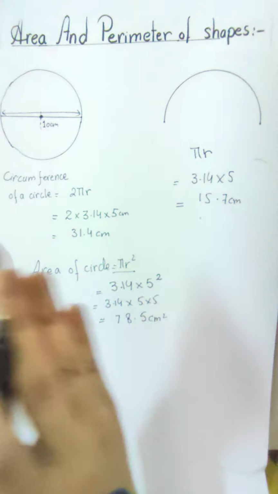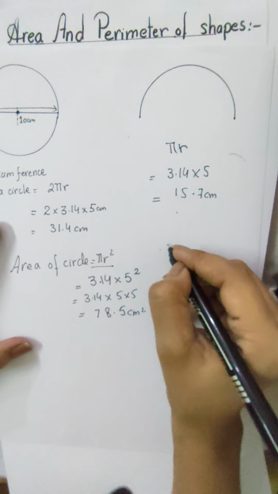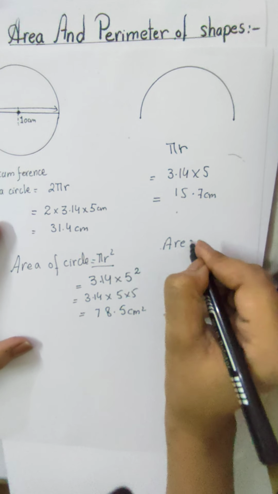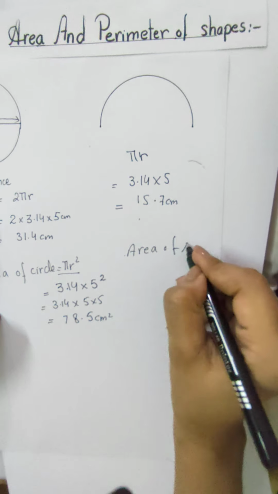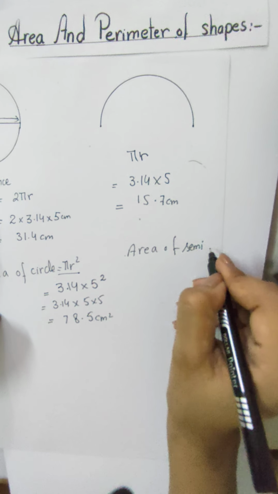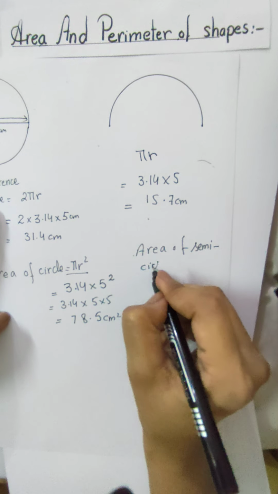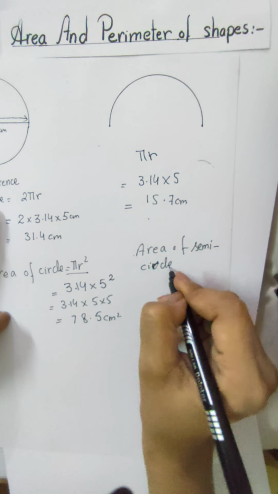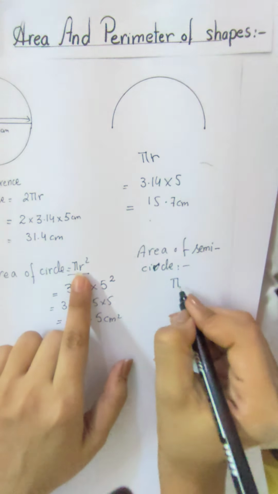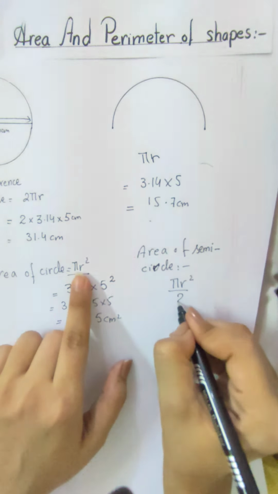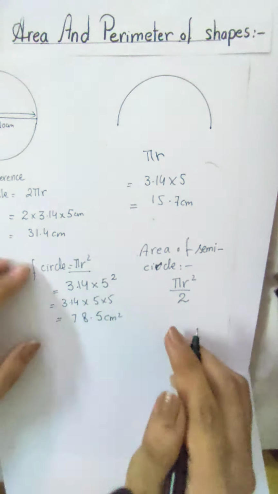And now we will find the area of the semicircle. How can we find out the area of a semicircle? The area of the circle is pi r square, so the semicircle is pi r square divided by 2, because we will halve this circle, so we will divide it by 2.